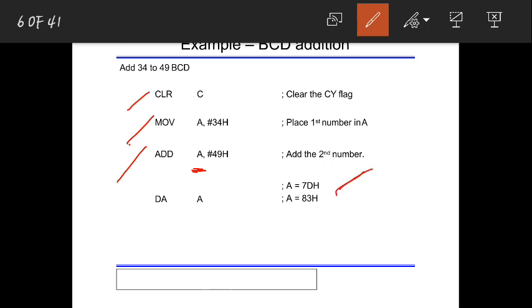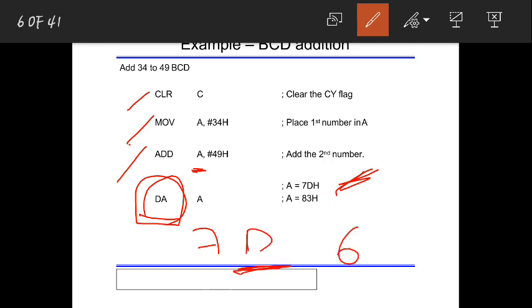But the question was BCD addition. So this 7D should be converted to BCD format. To convert that to BCD format, I need to write decimal adjust A. This instruction means whenever the lower bits are greater than 9, you should add 06 to the lower bits. If higher bits are greater than 9, then you should add 60.